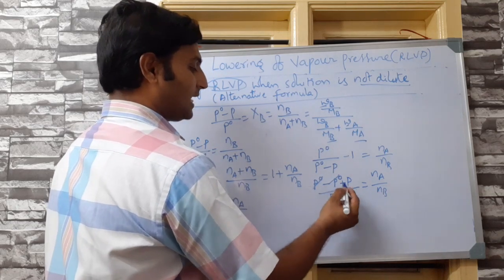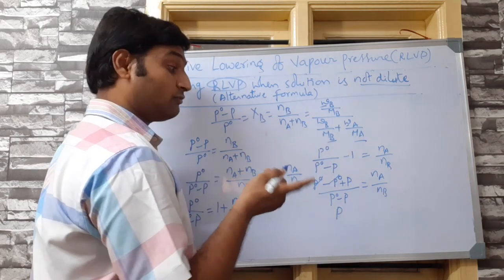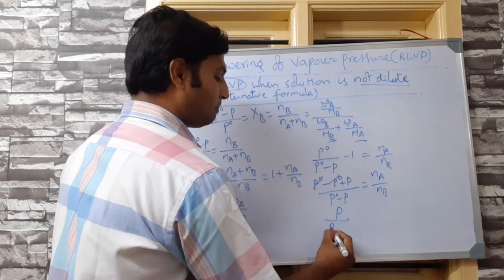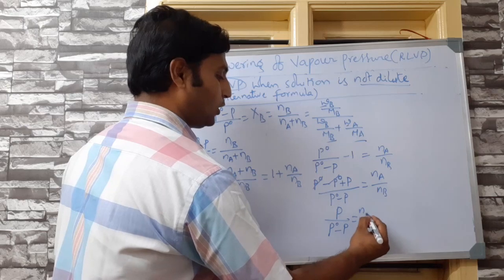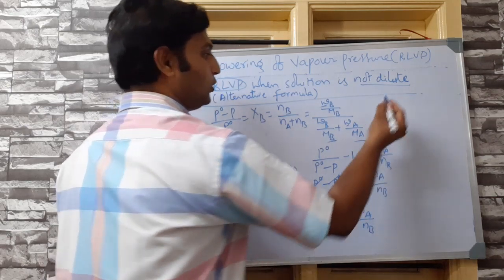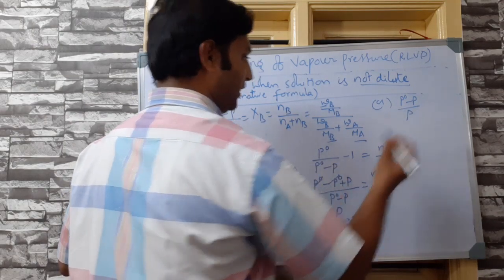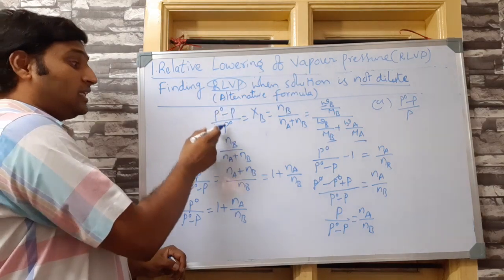P naught gets cancelled, so you are left with P, that is vapor pressure of solution. P by P naught minus P is equal to Na by Nb, or you can write P naught minus P by P is equal to Nb by Na, whereas RLVP is P naught minus P by P naught.